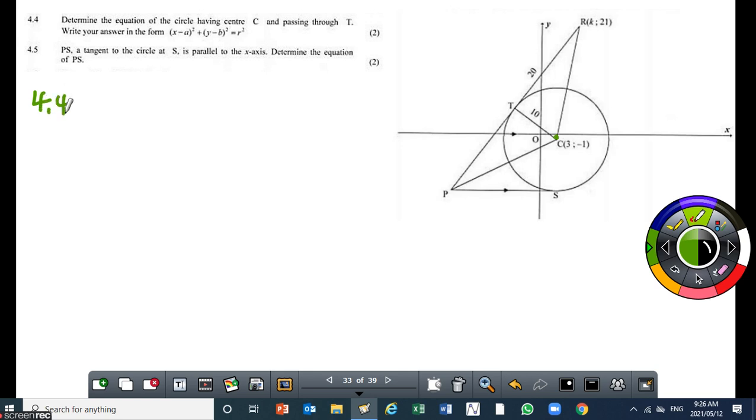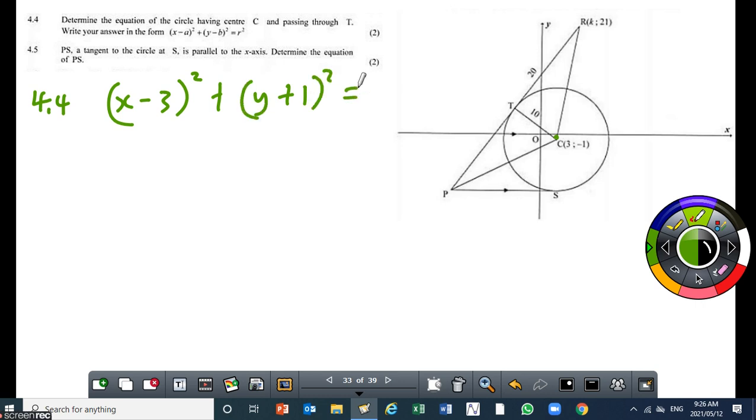So 4.4, the answer will be x minus 3 squared. I'm putting a minus here, but this minus is for the formula. The value of a, which is the x value at the center, is positive, plus y. Now the value of y at the center is negative, so it will be y plus 1 squared.